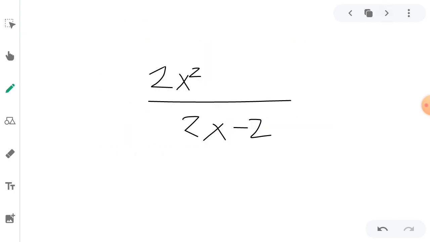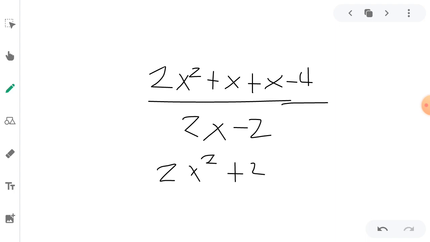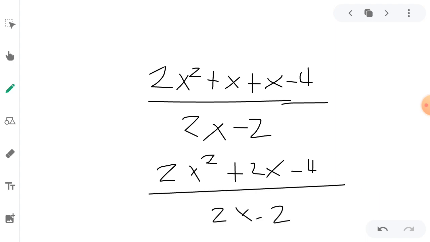2x squared plus x minus 4. Combine like terms. 2x squared, x plus x is 2x minus 4 over 2x minus 2.